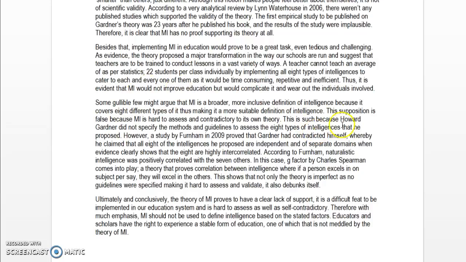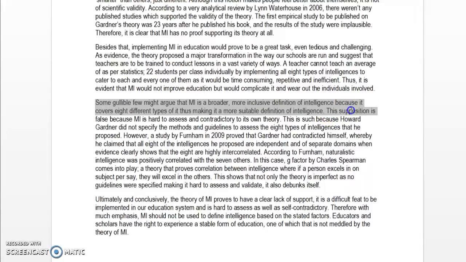Okay, back to this essay again. If you look at this, some gullible few might argue MI is a broader, more inclusive definition of intelligence because it covers 8 different types of it, thus making it a more suitable definition of intelligence. This essay is to disagree with the notion of using MI to define intelligence, but this one here is favoring MI. So the first sentence of your fourth paragraph must be an opponent's point of view.